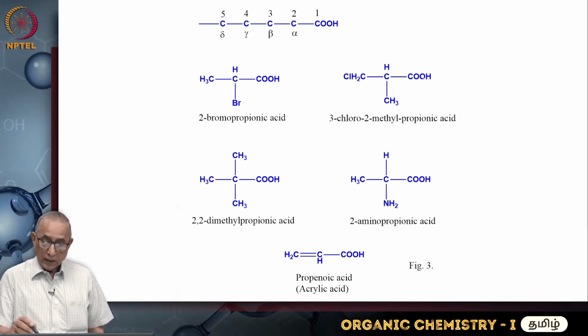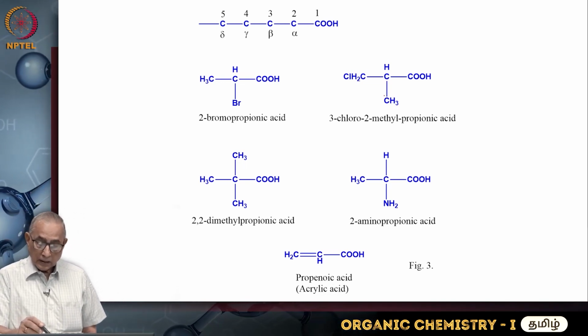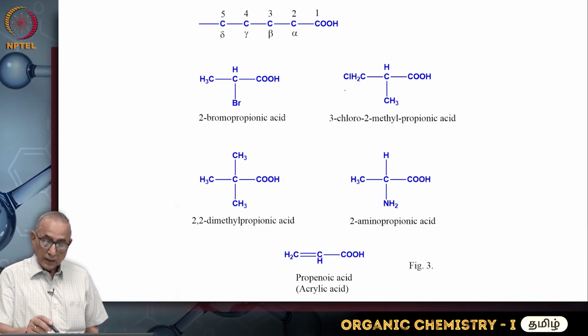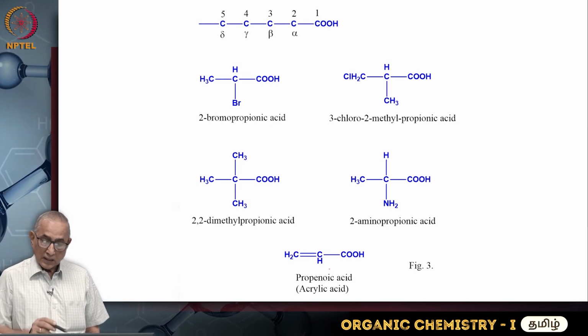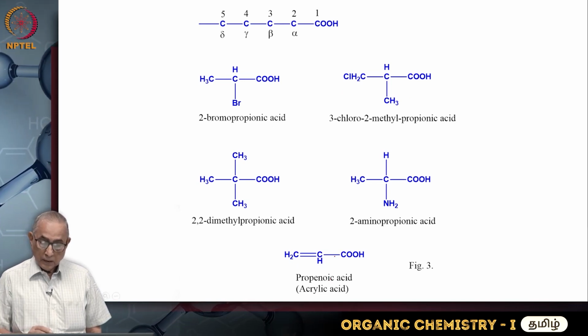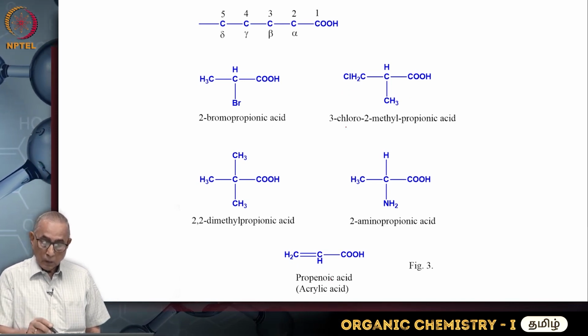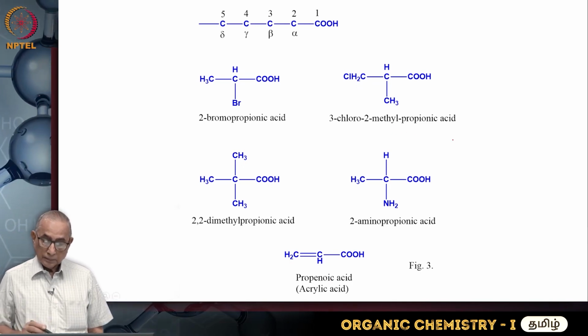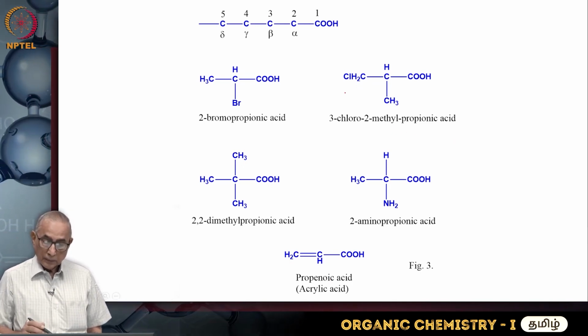And there is a compound like this. In this, the second carbon has a CH3 group. The third carbon has Cl CH2. Cl is attached to the third carbon. So this is 3-chloro 2-methyl propionic acid.